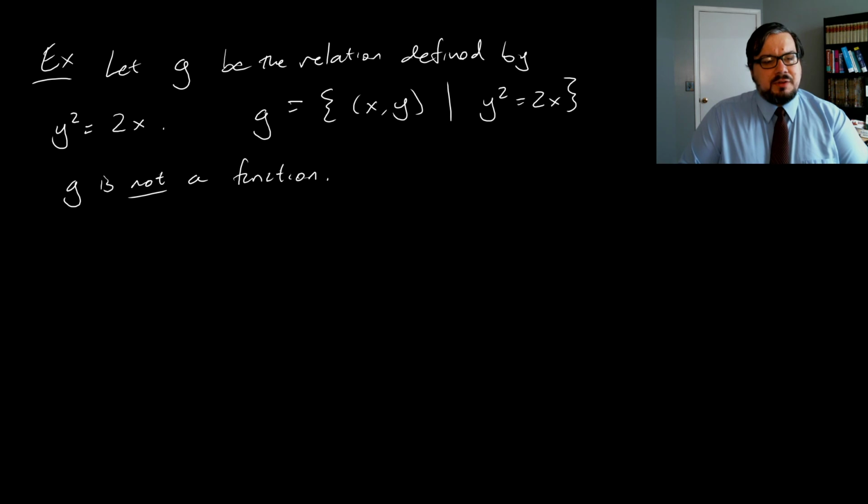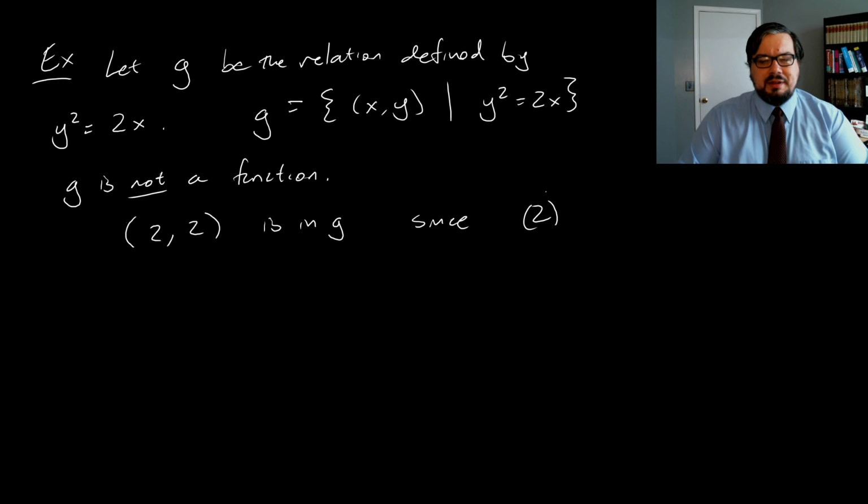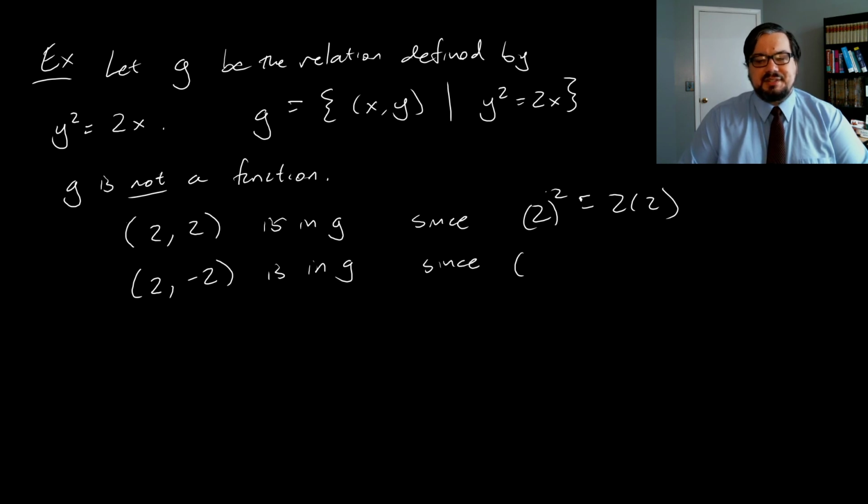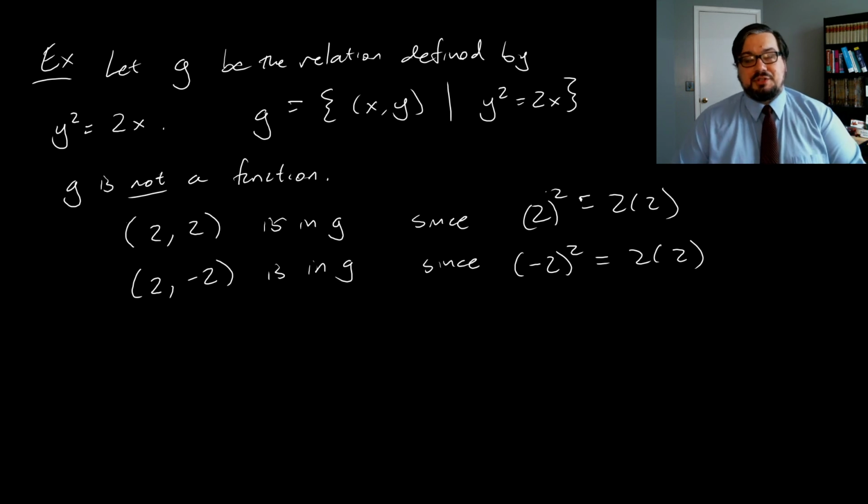So first of all, notice that the pair 2, 2 is in g, since if we plug 2 in for y and 2 in for x, we get a true statement. But also we have that 2, -2 is in g. And this is since -2 squared is also equal to 2 times 2.